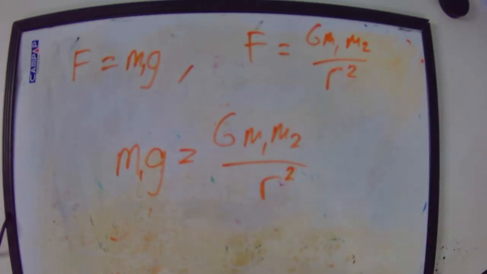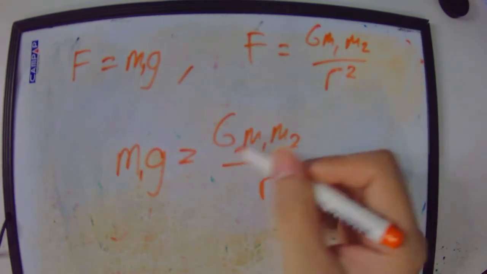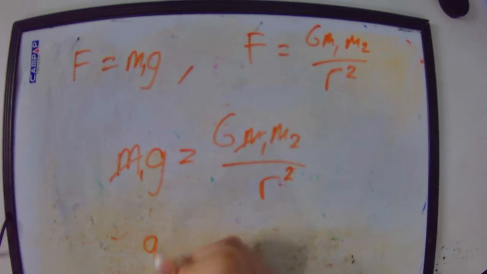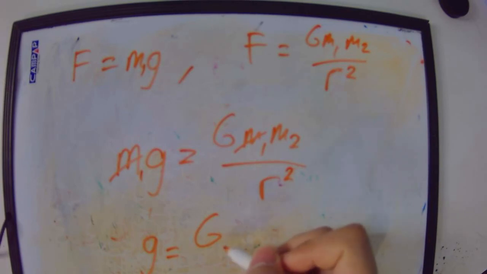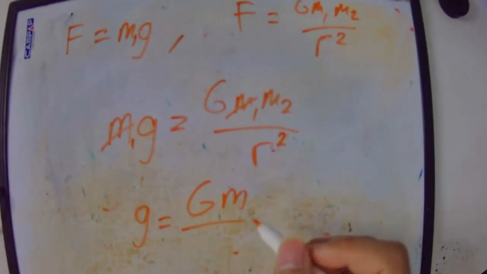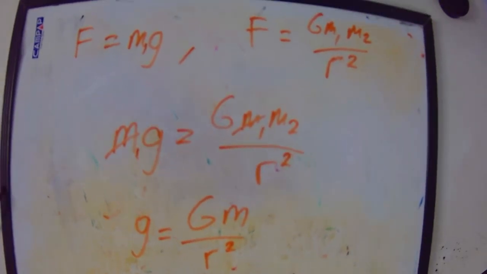Okay, now can we simplify it? Yes, we can. Since they both have an m here, we can cancel this out. So we can simplify it as the relationship: g equals the gravitational constant, capital letter G, times mass over r squared.